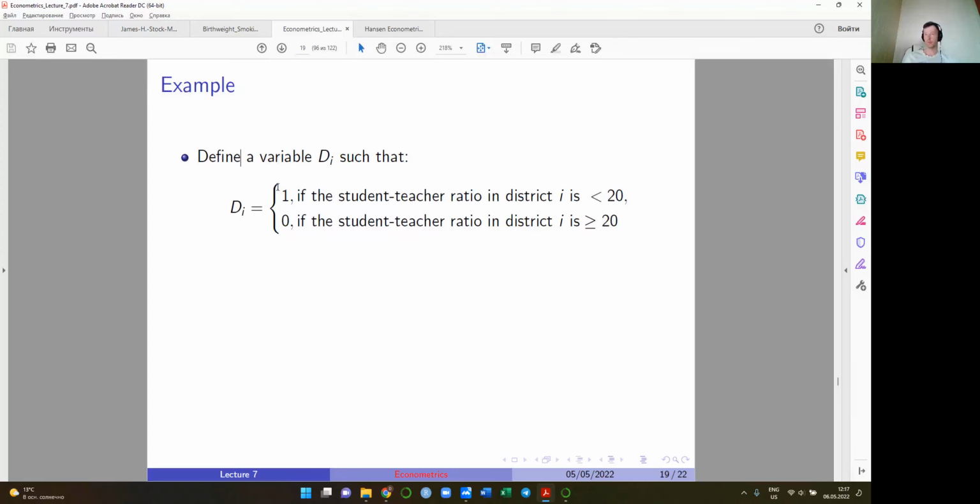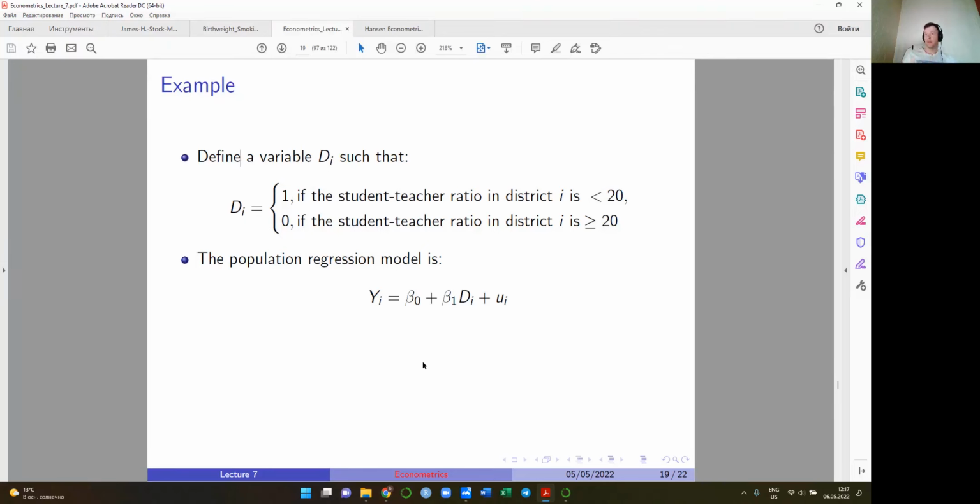So we divide all districts into two groups. One group with small classes, and this group will be marked with 1, and another group is districts with large classes, and we mark this group with 0.